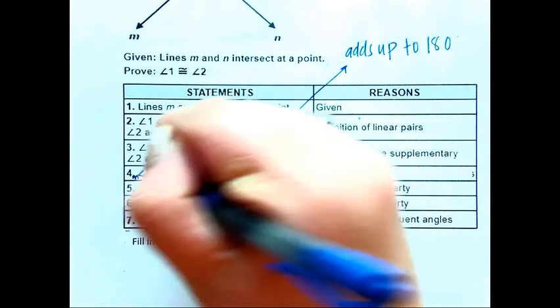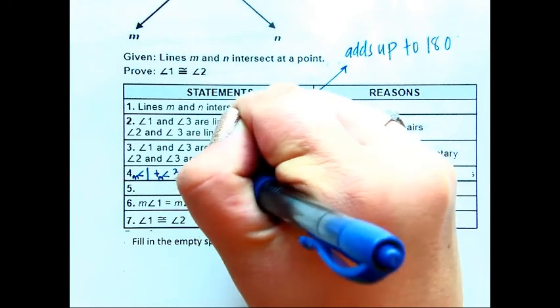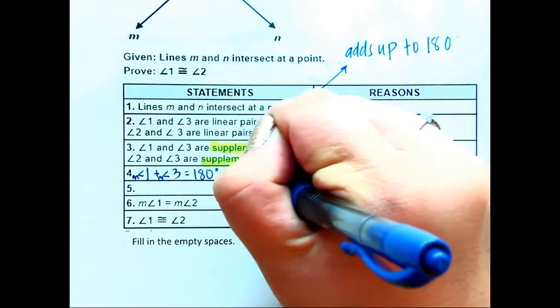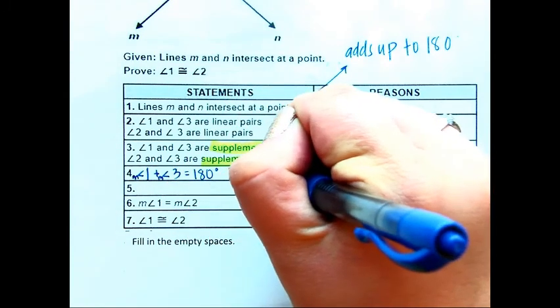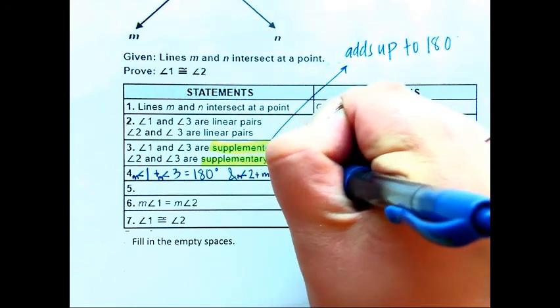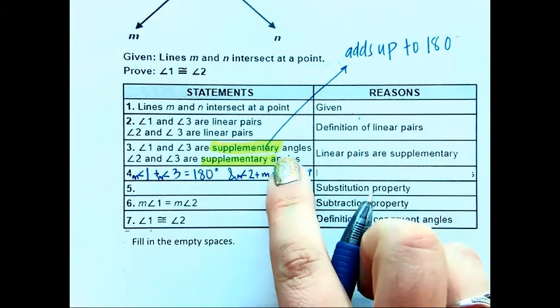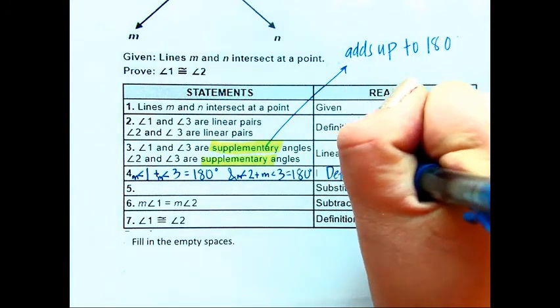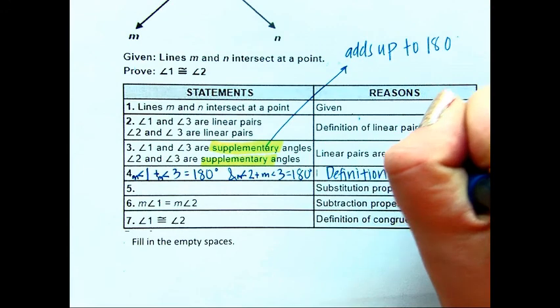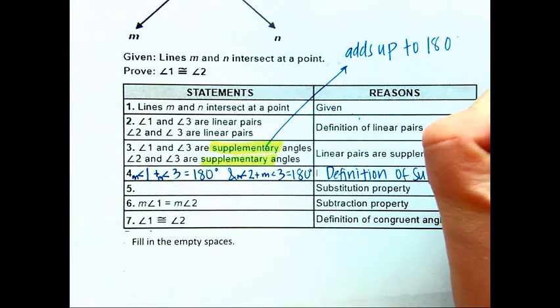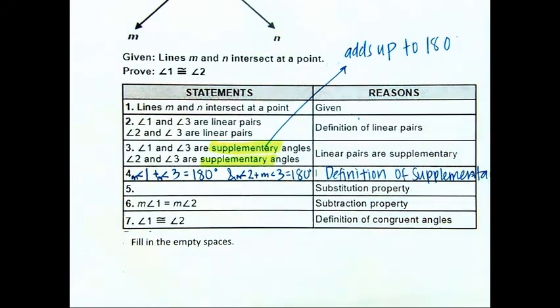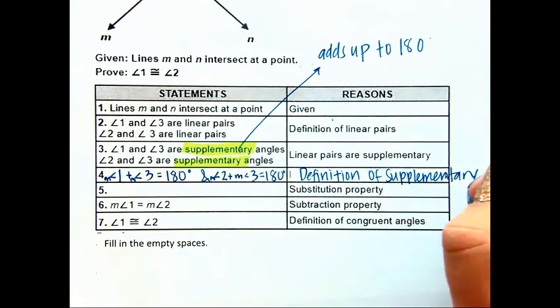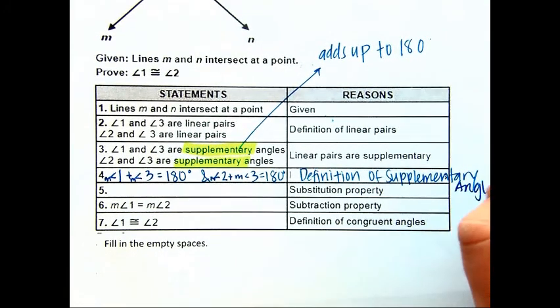Those measures equal 180, and the measure of angle 2 plus the measure of angle 3 also equal 180, because that's the definition of supplementary angles. We're going to put that right there. Supplementary angles, that's what it means.